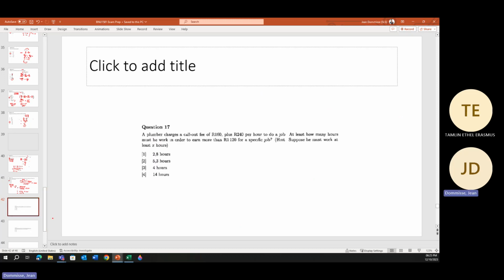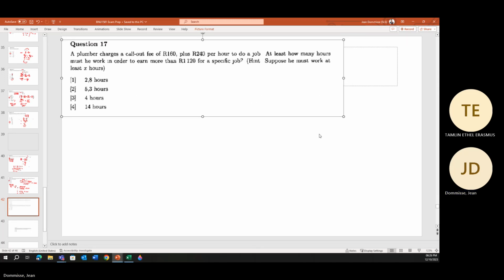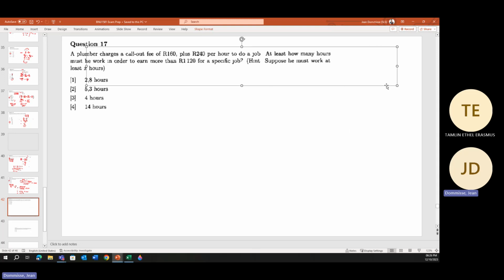Okay, now let's go into the word sums, where they're giving you a bit more information. It might be that we need to use a formula. So let's see what the word sum is that we need to calculate.